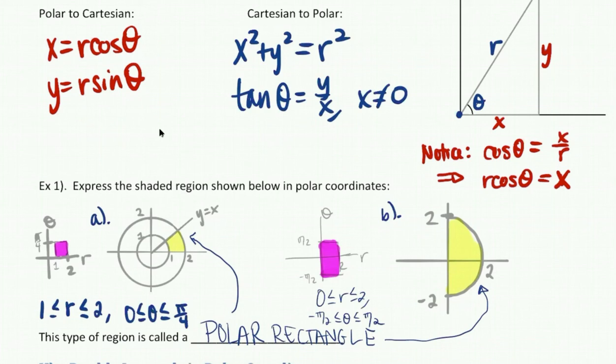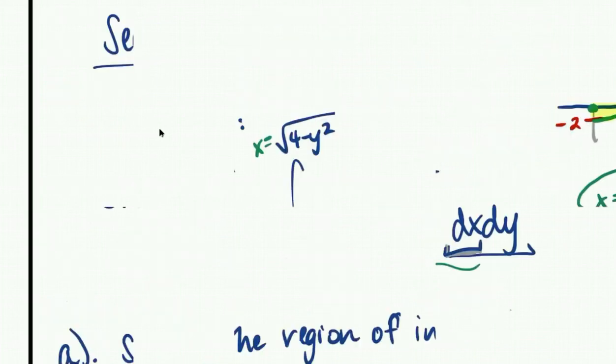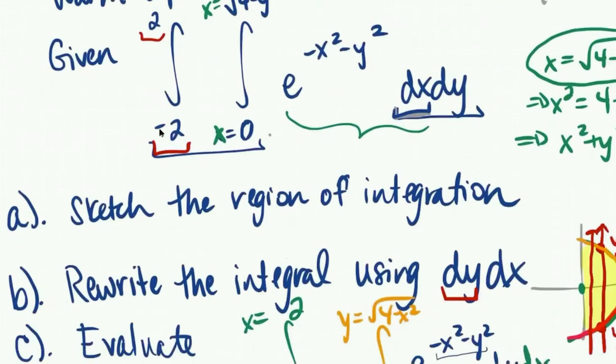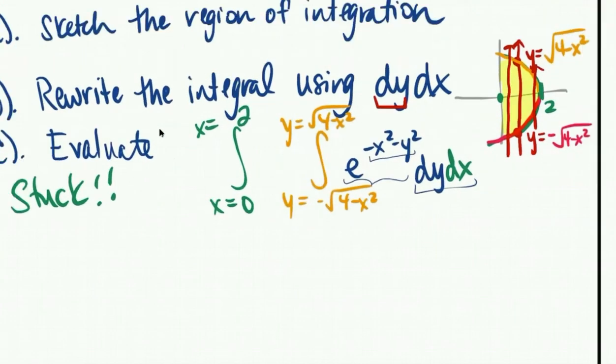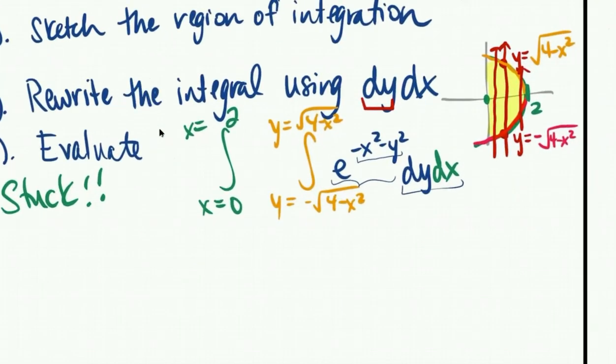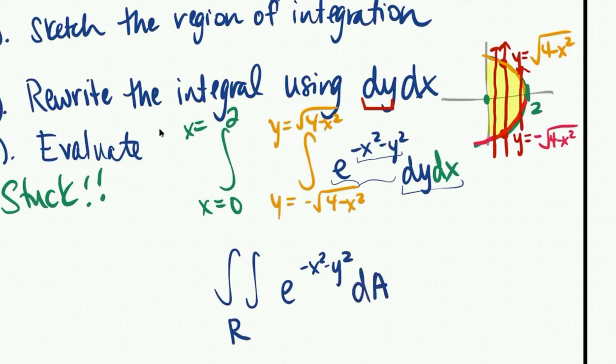So let's actually go back to the warm-up and think about how we could potentially set this up. Notice in the warm-up, we were trying to integrate, I'm just going to write it in general here, e to the negative x squared minus y squared over this region, where this was my region R. And now the idea is, how could we switch this to my new polar region?